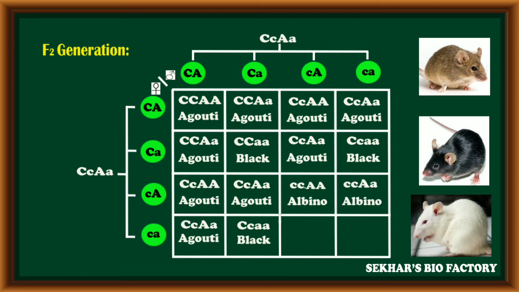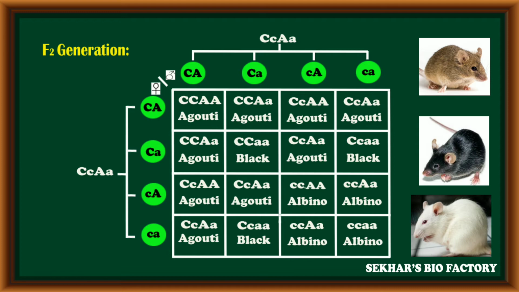The next combination, small c, capital A, small a, albino coat. Next combination, small c, capital A, small a, it also expresses the albino coat. Finally, the 16th offspring has the completely homozygous recessive condition, so the albino coat will be expressed.